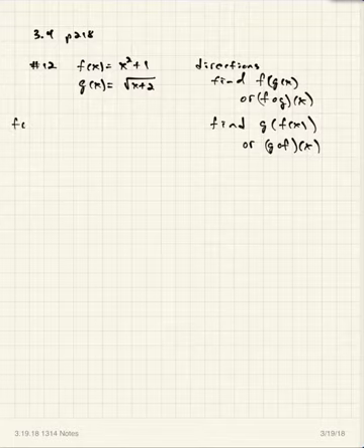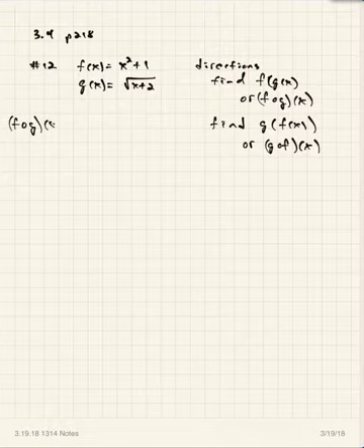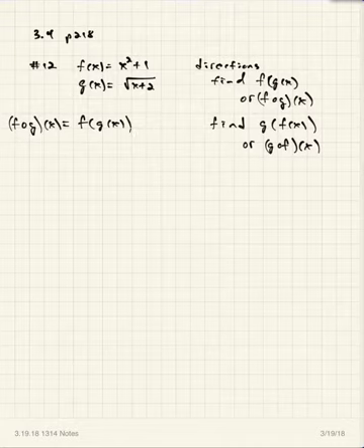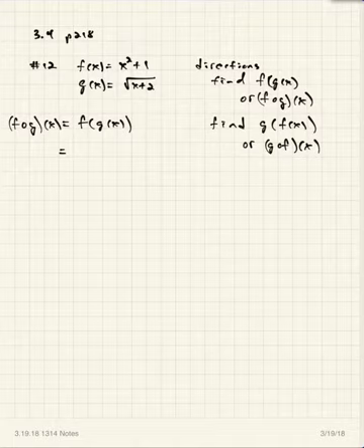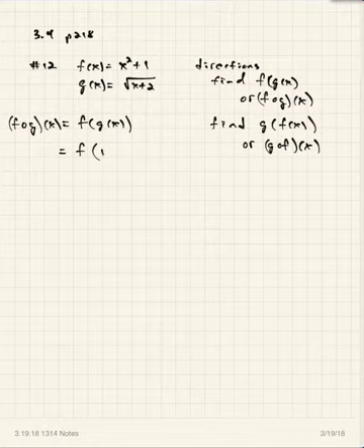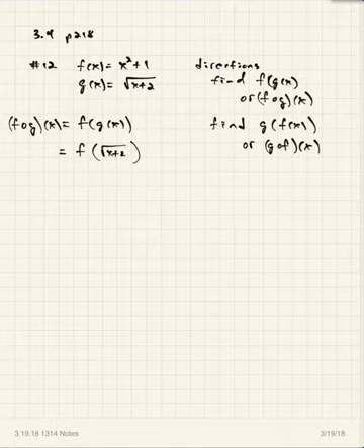So f circle g of x is f of g of x. And so this would say go to the function g and evaluate that first, right? So this would be the square root of x plus 2. In place of g, I put the square root of x plus 2.